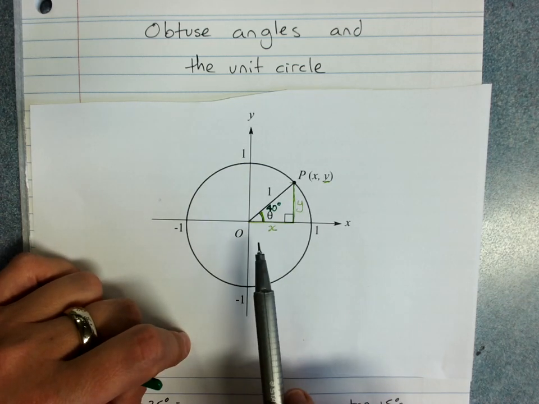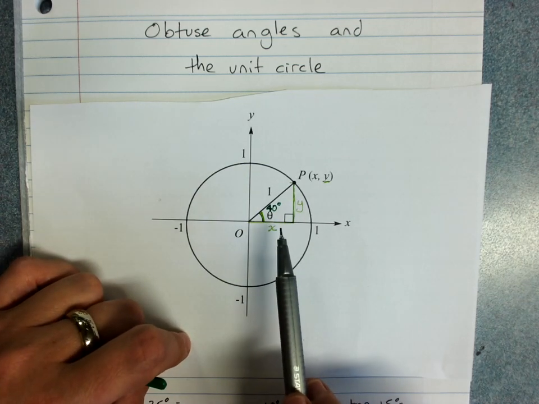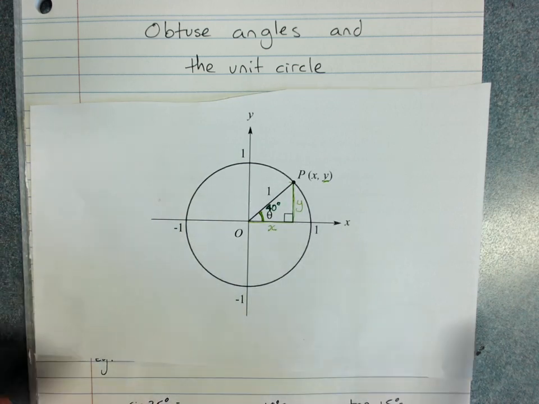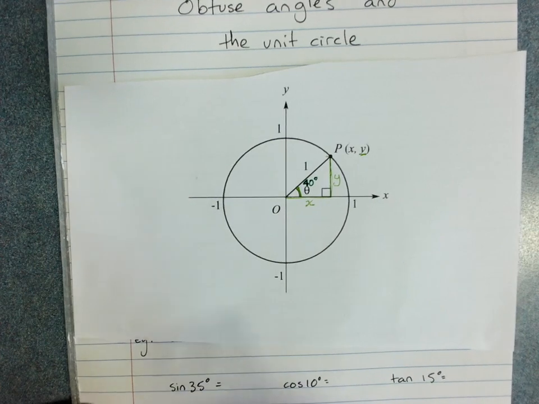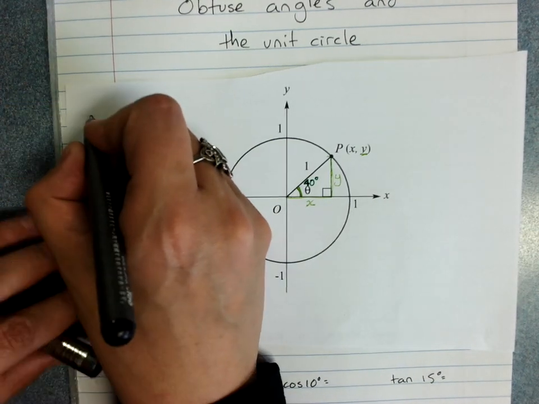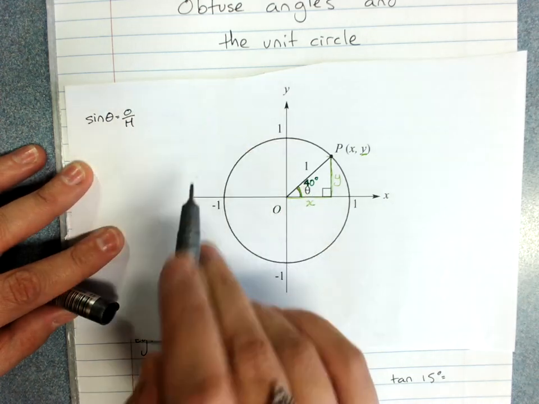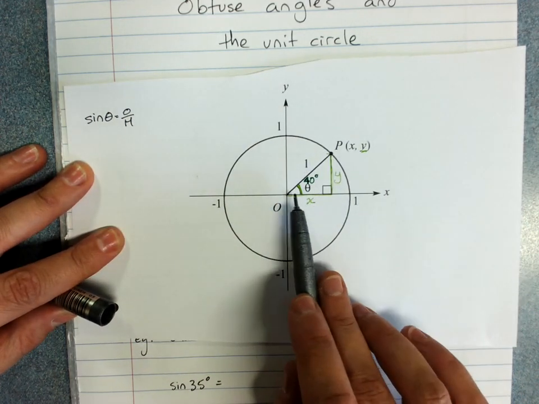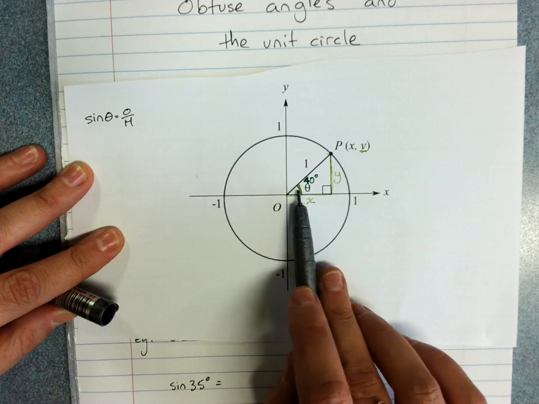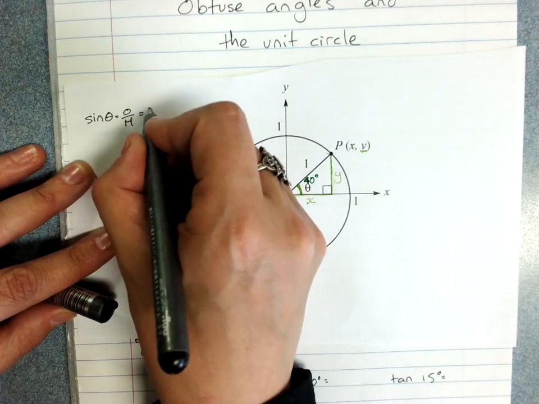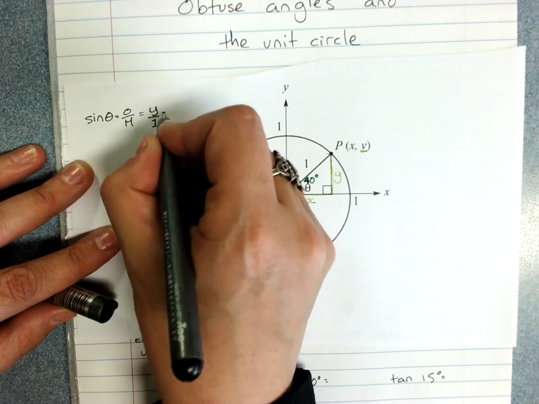The first thing we can do with the unit circle is get definitions for sine, cos and tan of the angle. So sine of the angle, as we know, is opposite over hypotenuse. If you look at the unit circle, here's our angle, theta. Opposite is y, hypotenuse is 1. Sine of the angle is y over 1.